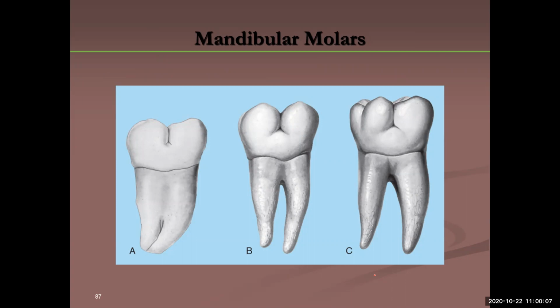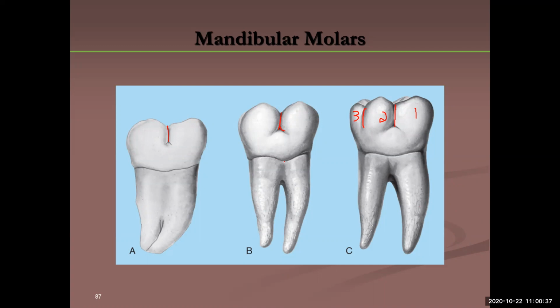Would you be able to tell a mandibular first molar from a second molar from a third molar? C the first, B the second, and A the third. Is that correct? Exactly, because you've got one, two, three buccal cusps.